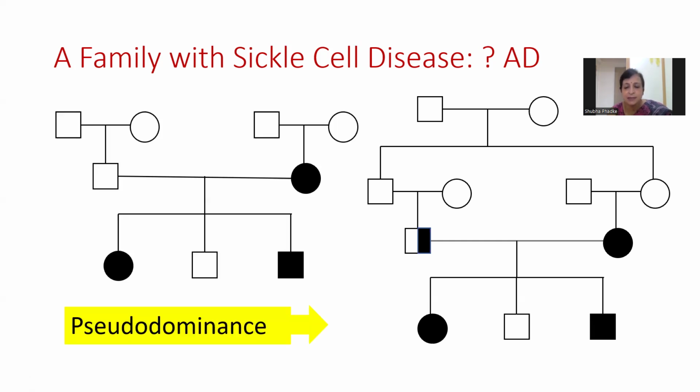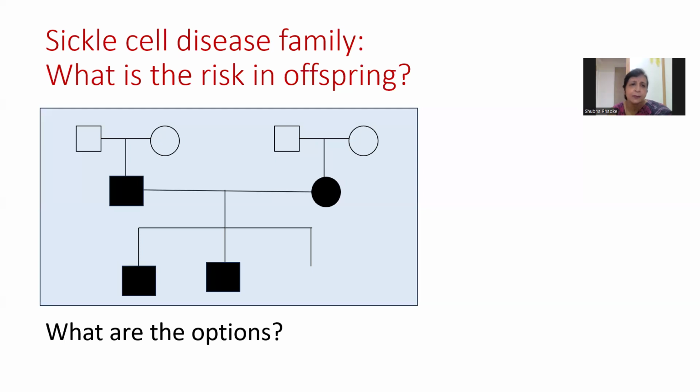This is called pseudodominance, and when you analyze a pedigree, you should be aware of these basic principles of medical genetics so that the pedigree can be properly interpreted.